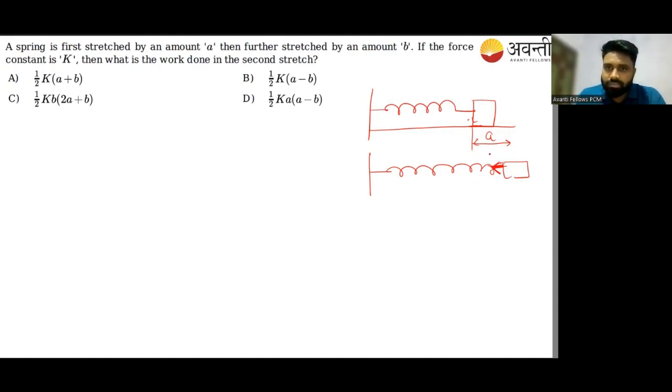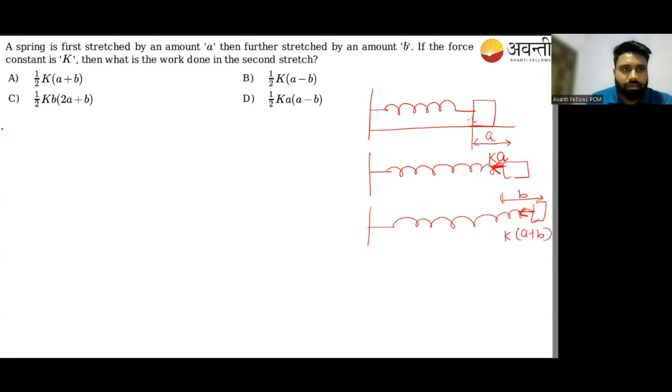So there is a force which is K times A, because force on the spring will be Kx, so K times the value of stretch, which is A. Now, again, it is stretched by an amount of B. So now the total force acting on the block is K times the total stretch, which is A plus B.